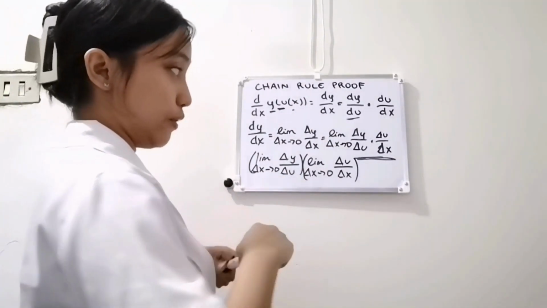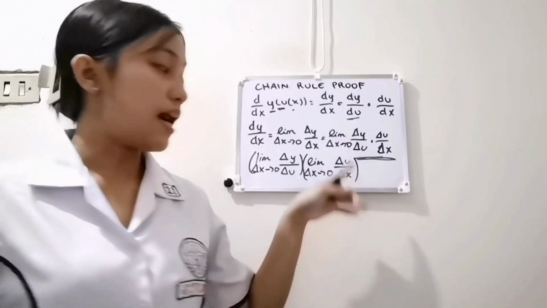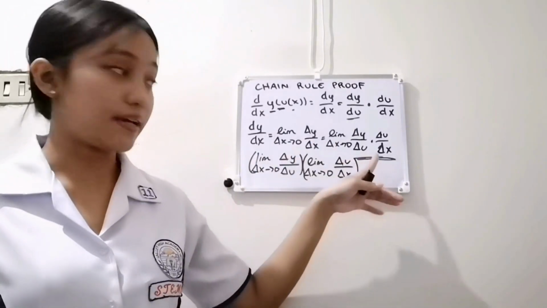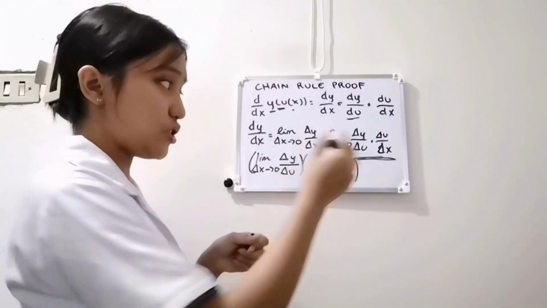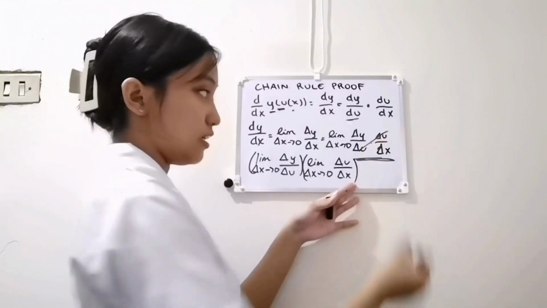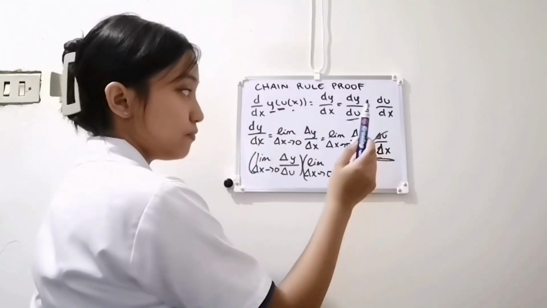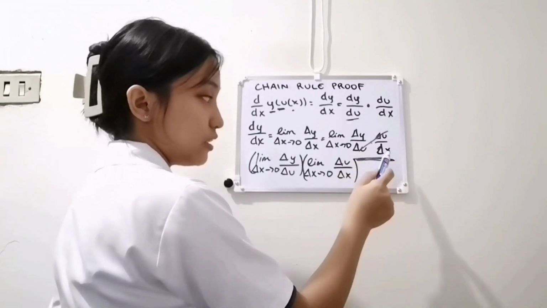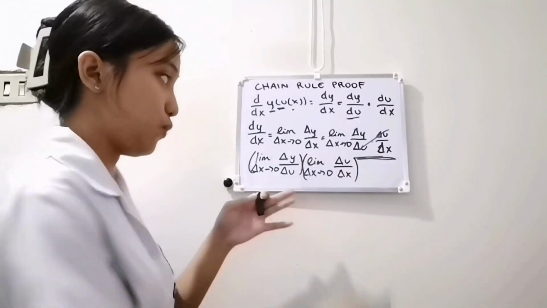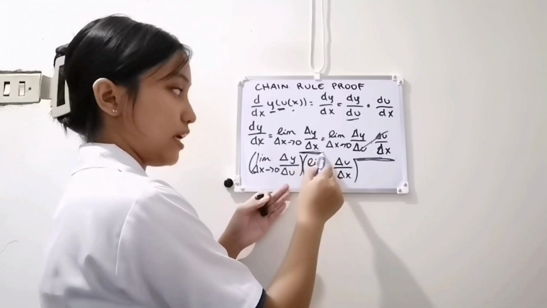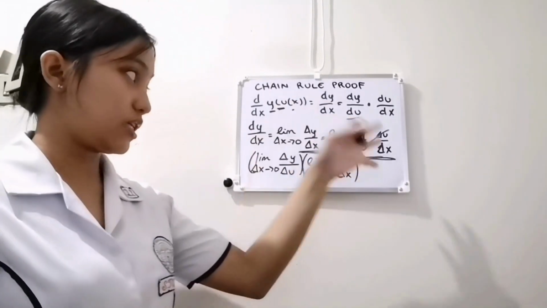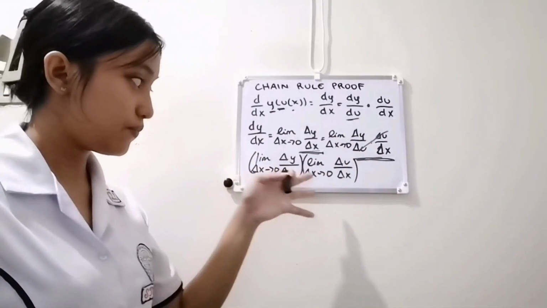Again, we will just get back right here. As I said earlier, these will just be numbers, so our change in u will just be cancelled. So you will be left with change in y over change in x, which is exactly what we have right here.